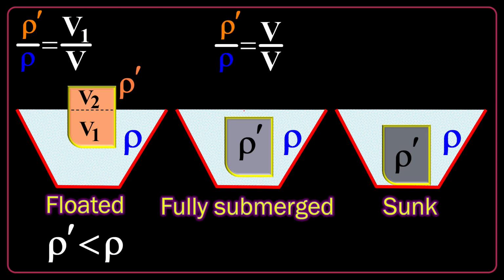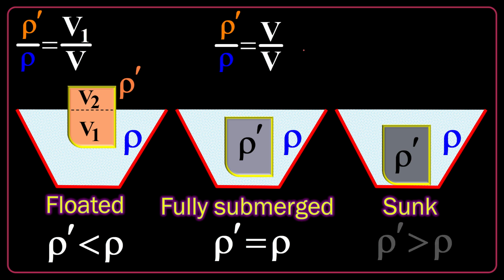I can use that ratio again, but V1 is the same as V because it's fully submerged. So this ratio is 1. If it is 1, rho prime is equal to rho, like a submarine or a fish. But for a sunk object, the buoyancy force is not enough to hold the object, to float or suspend it.